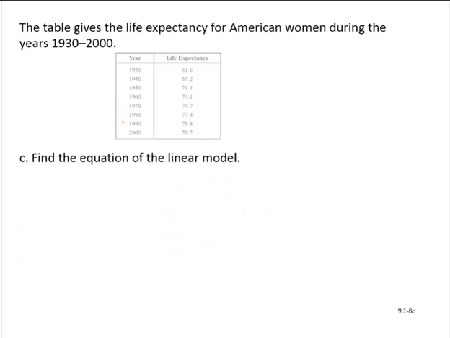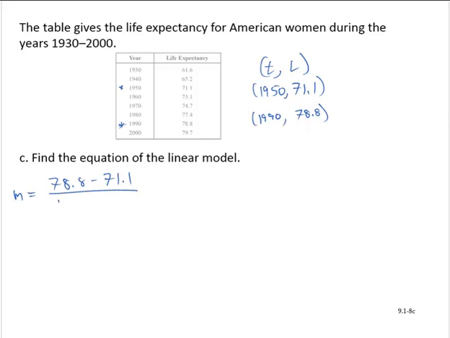We're now asked to find the equation of the linear model. So I'm using the points for T and L as my ordered pairs, and I use the 1950 data, so 1950, 71.1, and the 1990 data, so 1990, 78.8. Find the slope. M is equal to 78.8 minus 71.1 over 1990 minus 1950.